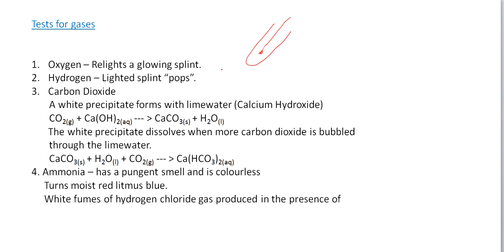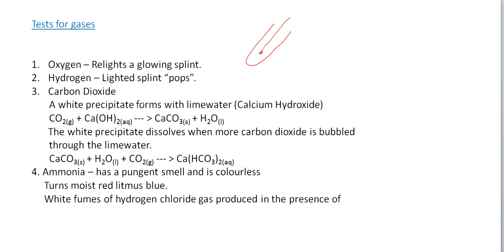So oxygen gas will relight a glowing splint. If we were to take a lighted splint and place it in hydrogen gas, we are going to get a squeaky pop, right? So it's very audible and you will know it's hydrogen gas.